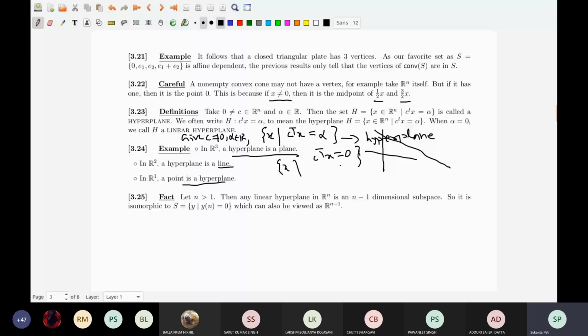It is very well known from linear algebra. It follows straight away by starting with C, a non-zero vector, as a linearly independent set and extending it to an orthonormal basis.